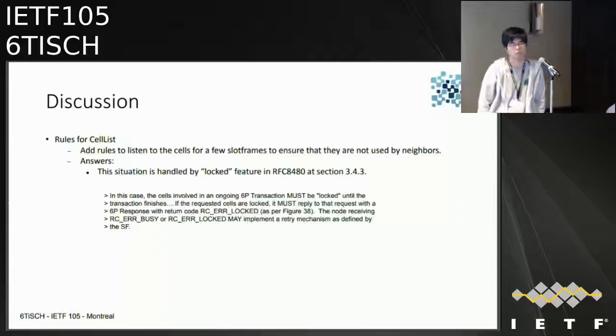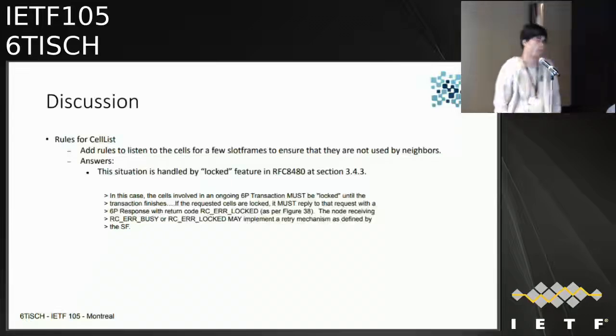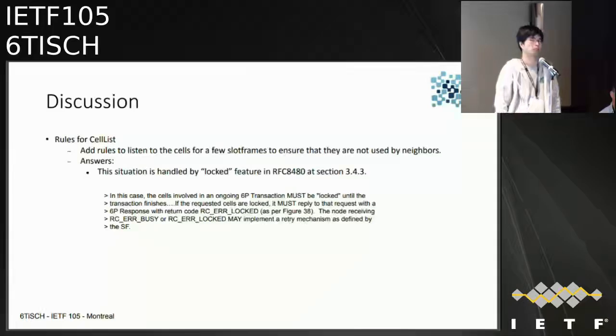So I argue that the efficiency of the reactive discovery is very difficult to tune properly, and it could take time before you actually discover it's not okay. So I think that listening a little bit to the cells before you actually allocate them, maybe as a knob you turn on or off, is a useful thing to do. It's being polite, like listen before talk, but it's the TSCH way of doing listen before talk.